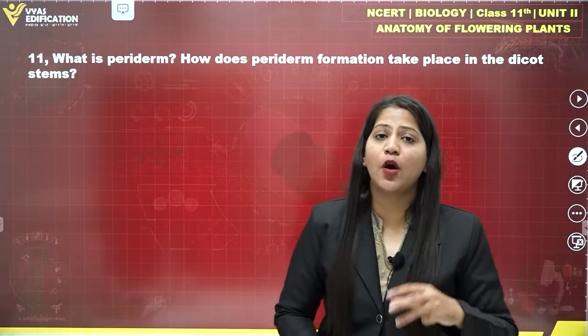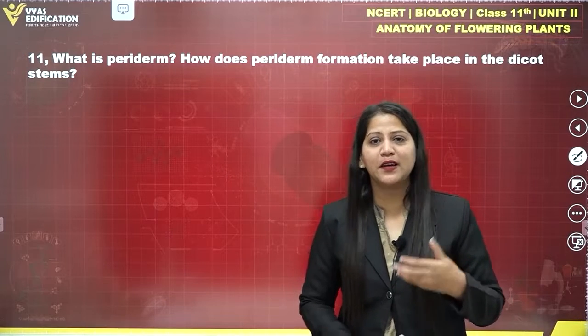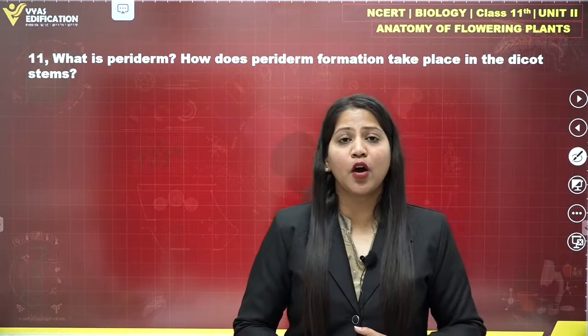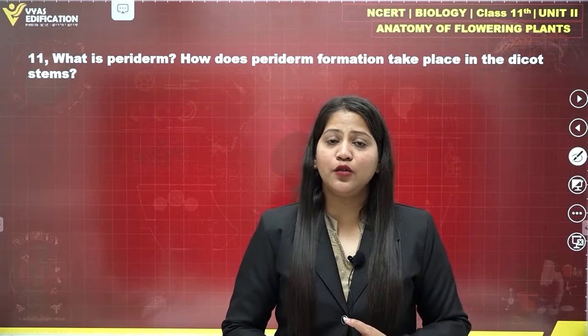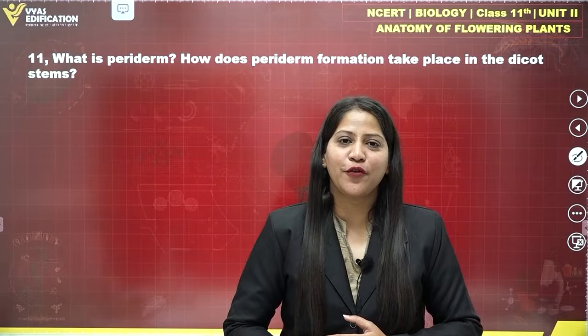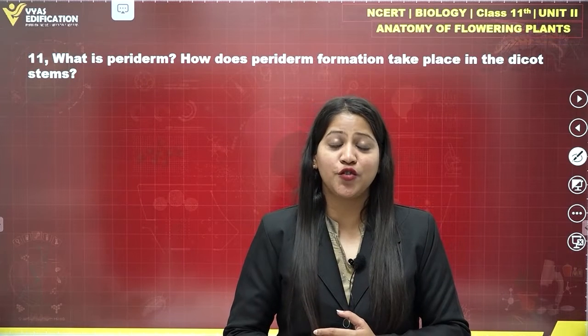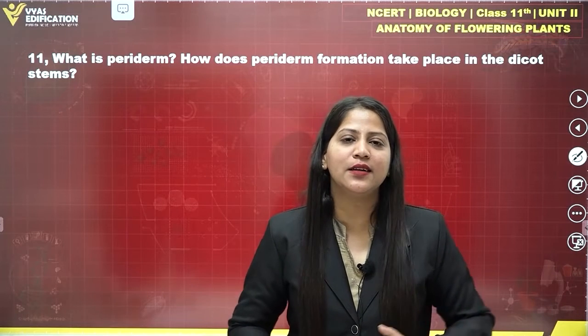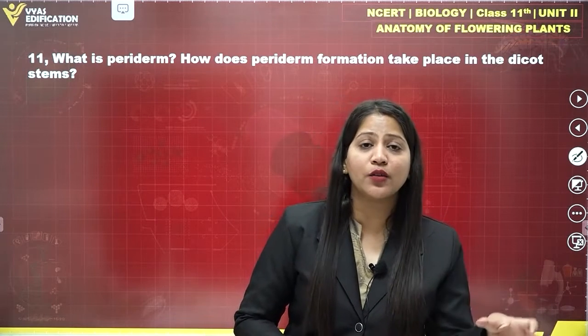Now how does the formation of periderm take place? Let's discuss this. First of all, phellogen is also known as cork cambium. The cells of cork cambium or phellogen show bipolar division. That means it cuts off the cells on either side, that is on the outer side and on the inner side.